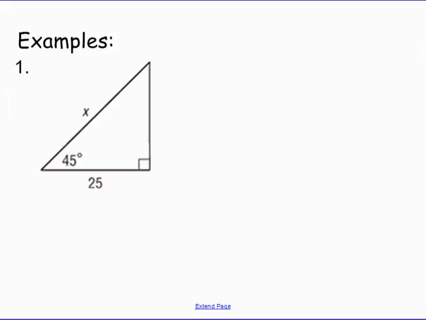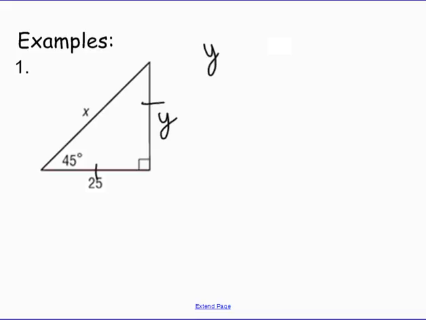So if I go to this first question, I'm going to figure out what these sides are. I have to figure out everything on the side, so I think I have a y there. Now, if it's a 45, 45, 90 right triangle, because it has that 45 there, I know the sides are the same.